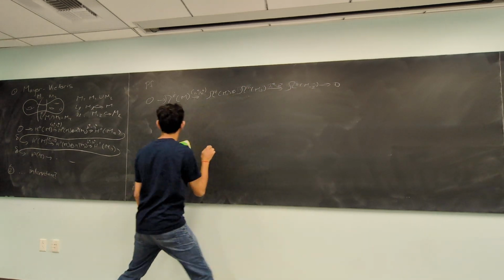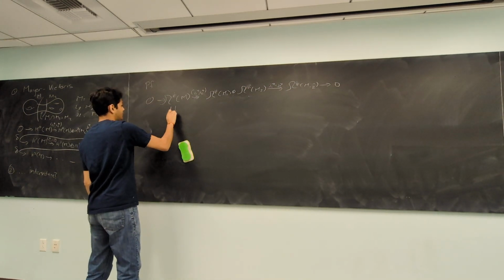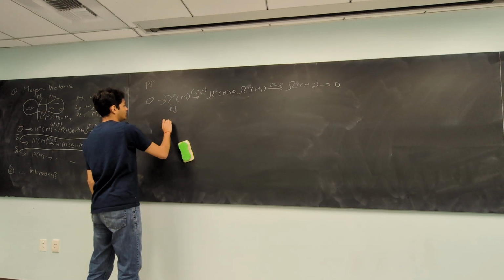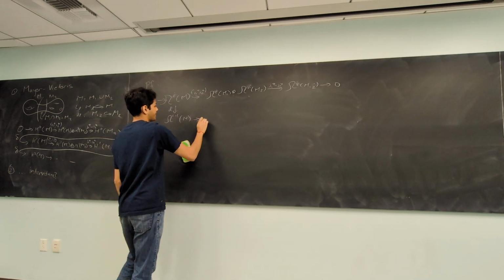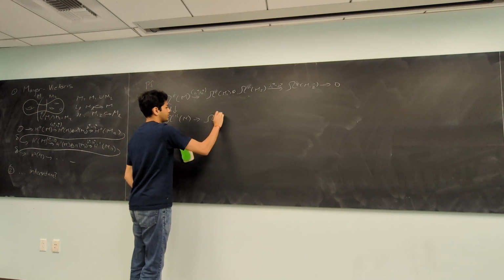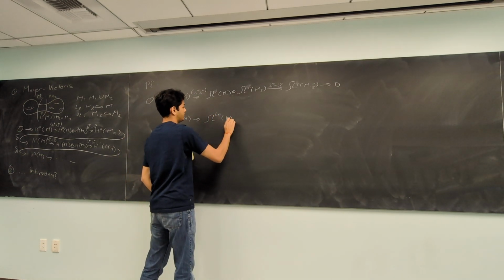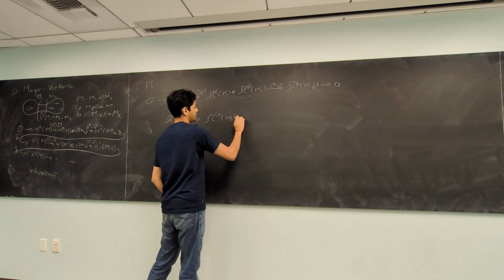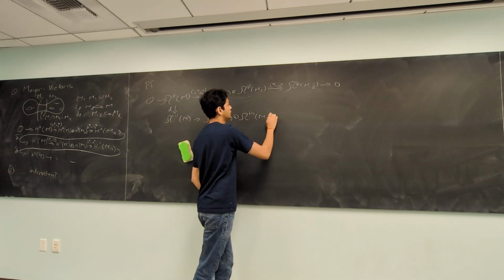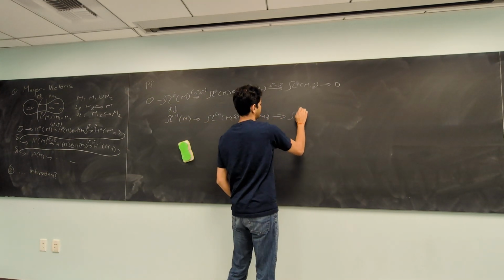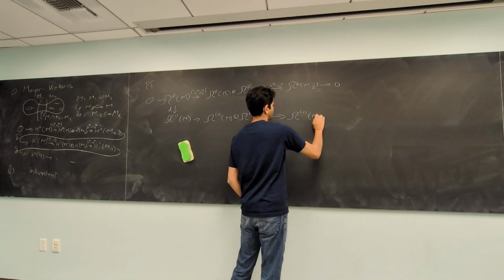And then we still have our exterior derivatives, which take us to omega^(i+1) of M, omega^(i+1) of M1 plus omega^(i+1) of M2, which goes to omega^(i+1) of M12.